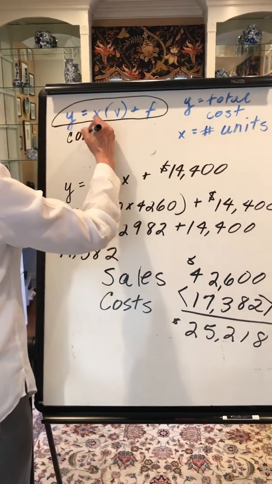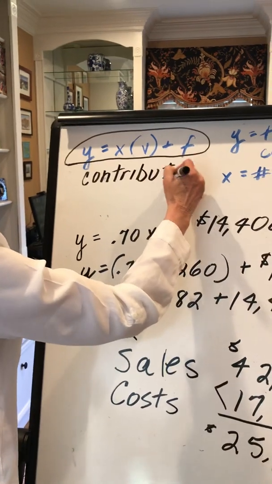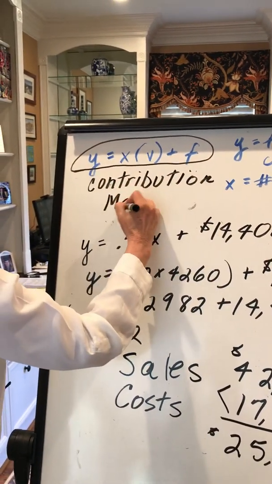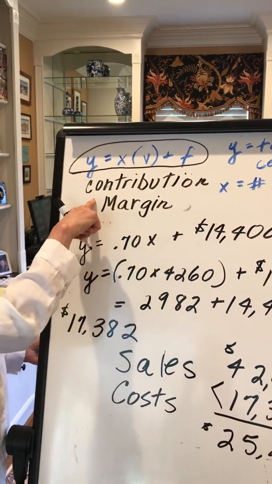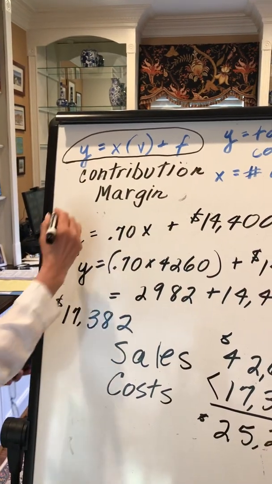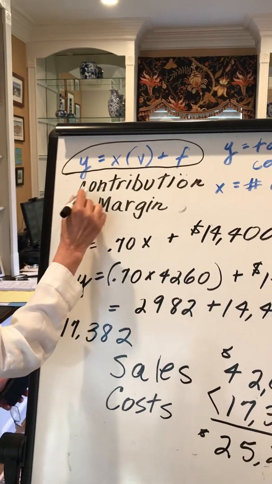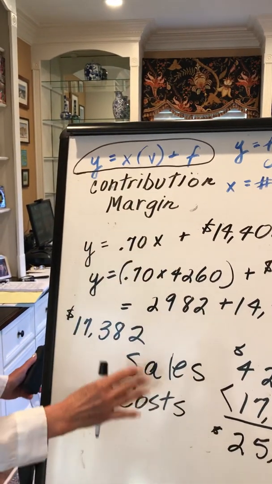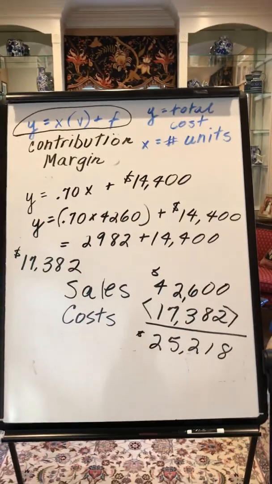So contribution margin is another way for companies to look at how they're making money. Contribution margin is sales minus variable costs. That gives you your contribution margin. Sales minus variable costs. So I will redo this. I'm going to leave the number here so you see it's the same.